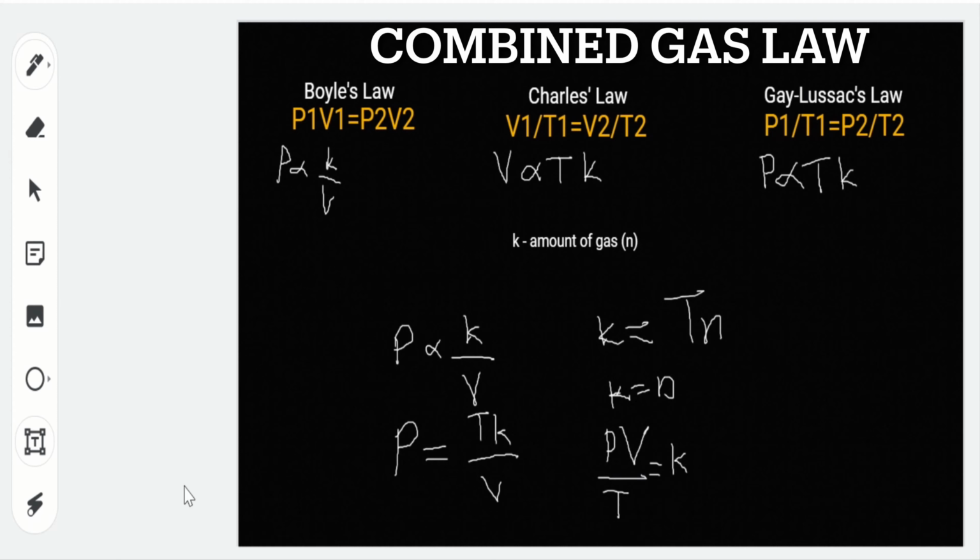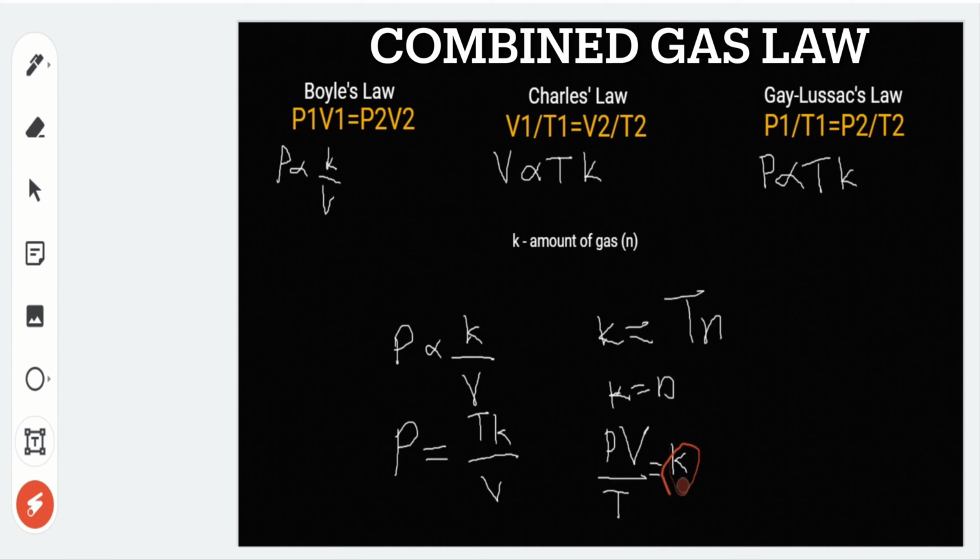So no matter what happens, if there's a change in pressure, volume, or temperature, just like what you observed from our simulation a while ago, there's no change when it comes to the amount of gas.